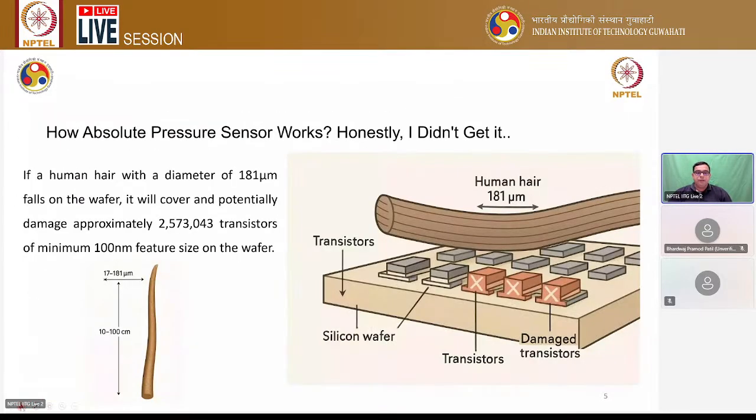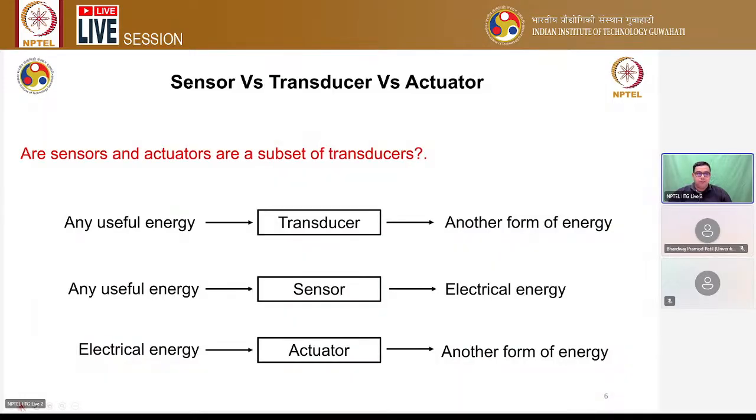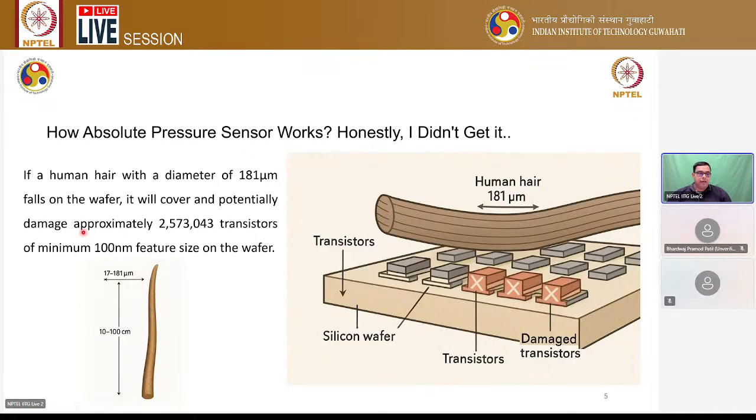Okay. Then another question was, are sensors and actuators a subset of the transducer? This question is wrongly written over here. We'll take it after some time.